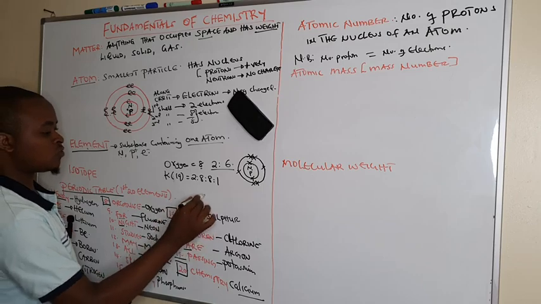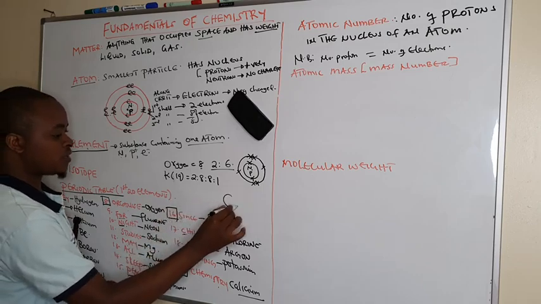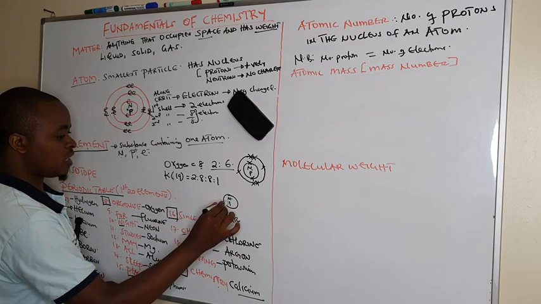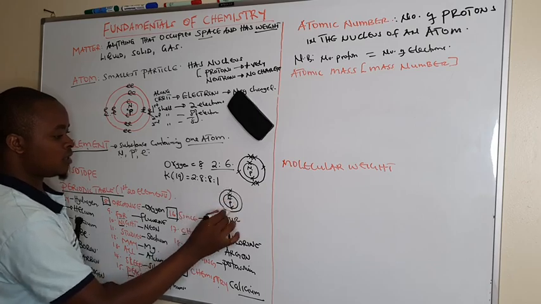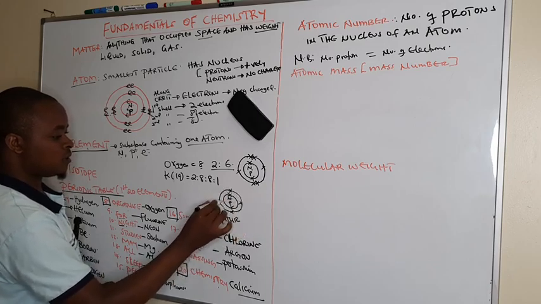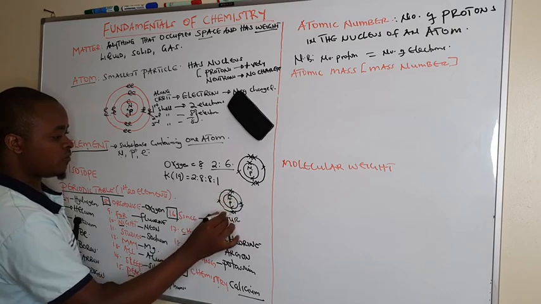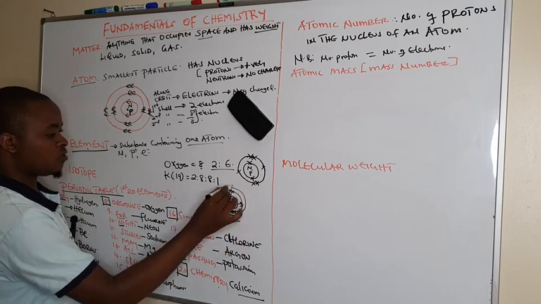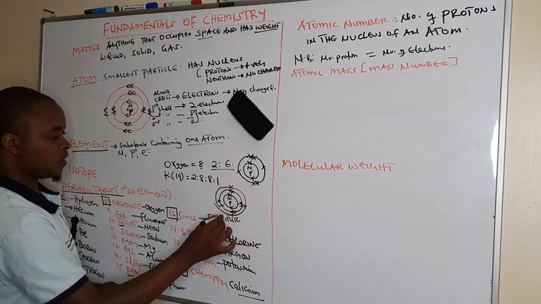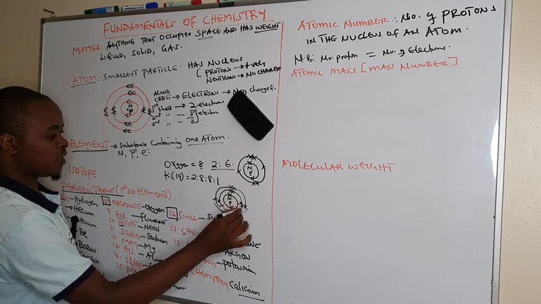So to draw its structure, the first shell with neutrons and protons accommodates 2. The second one accommodates 8. And we first fill, then we fully fill. The third one also accommodates 8 electrons, which are negatively charged.